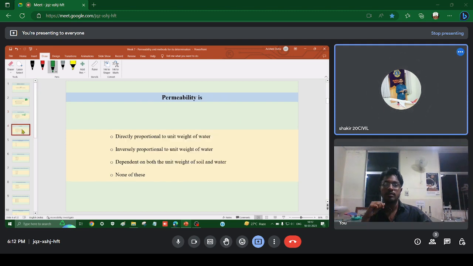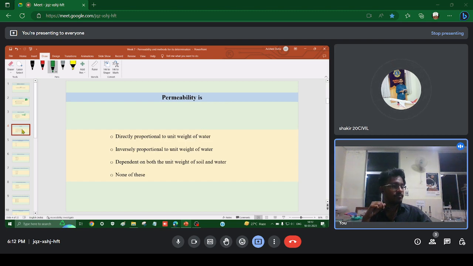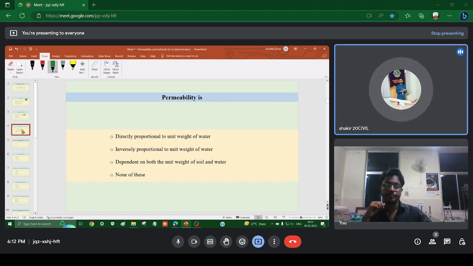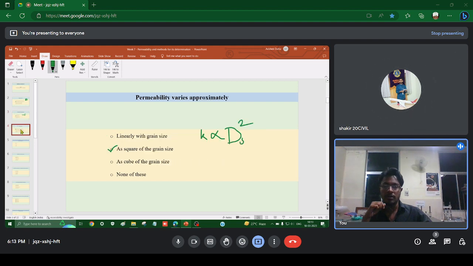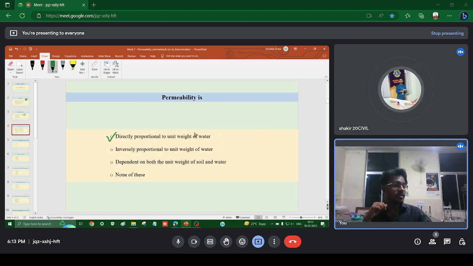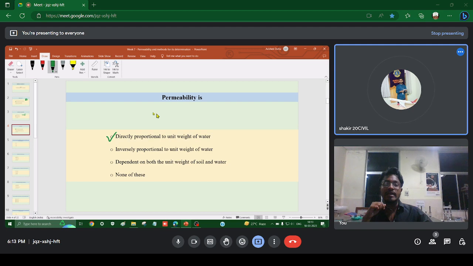Now the next question. Permeability is, what is the answer over here? Directly proportional to the unit weight of water. Just a minute. Yes. And what is the equation based on Poiseuille's law and Darcy's law with the diameter and the unit weight of water? Okay, let us leave it over here.